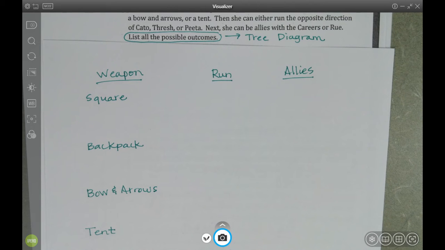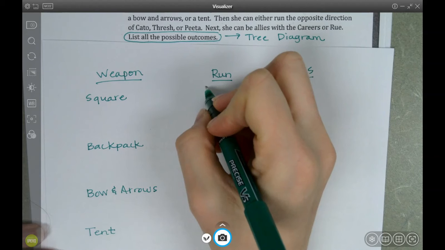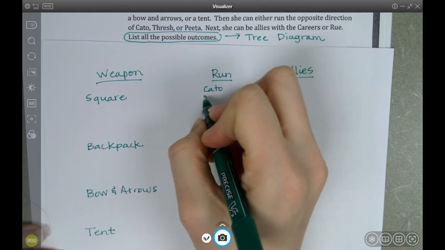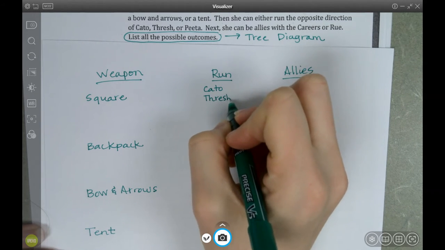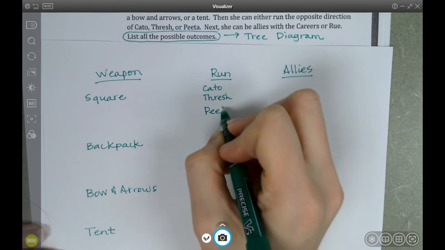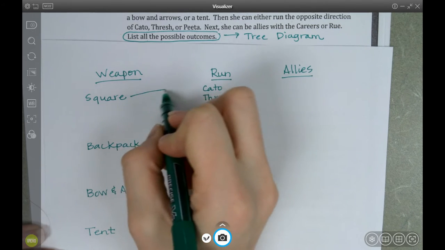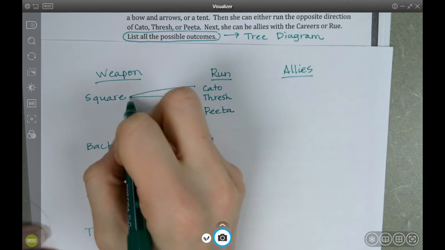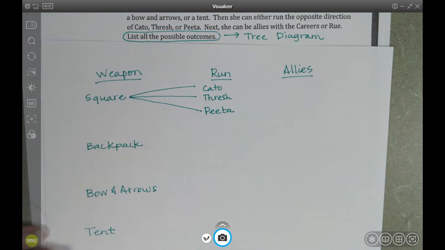All right, so she can run away from Cato, Thresh, or Peta. No way, there's not enough space? Only someone had warned you.